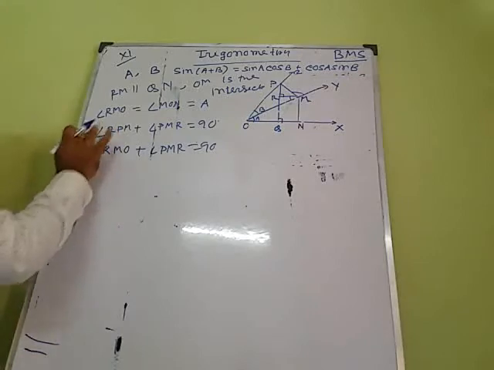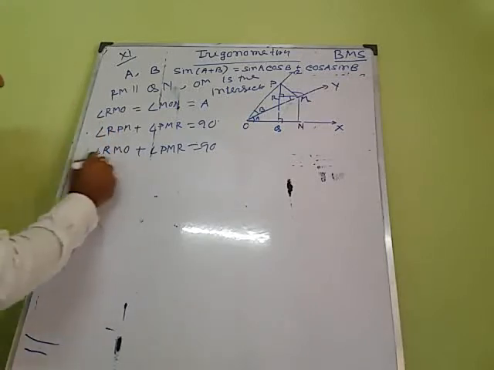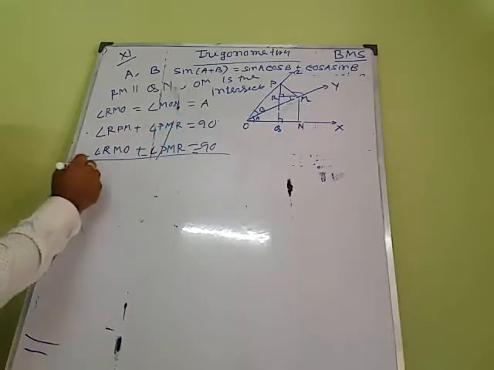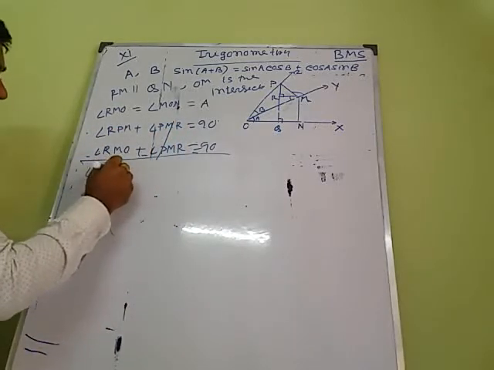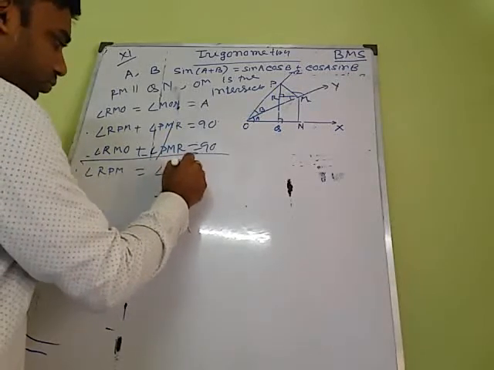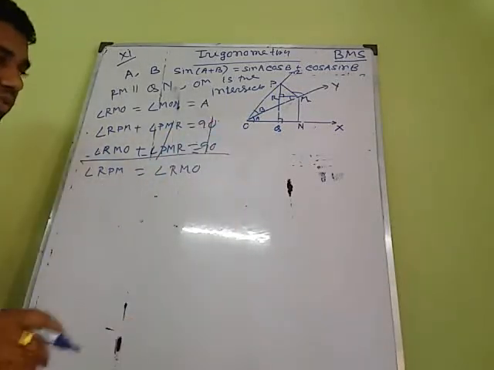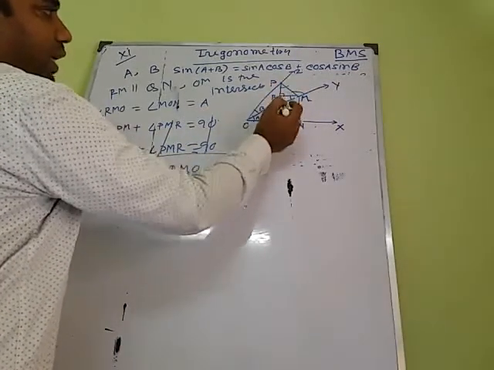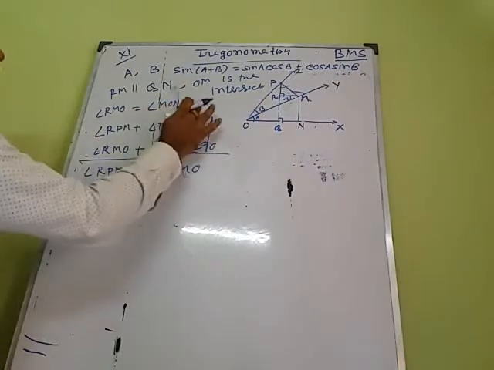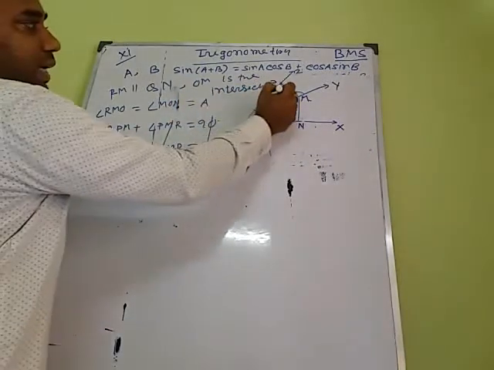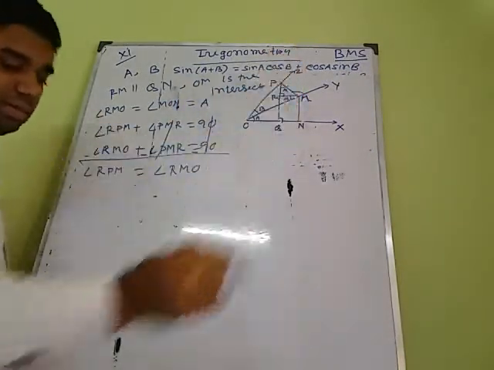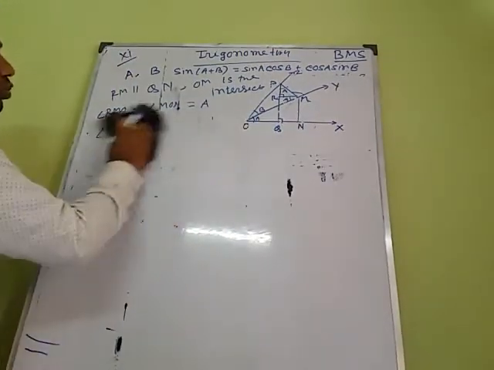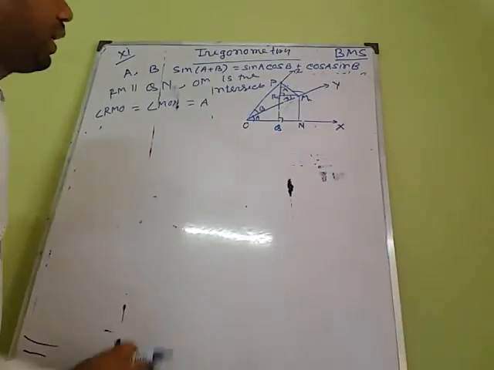Now from these two relations, if you subtract, this should remove PMR, so RPM equals RMO. This angle RPM equals RMO. In the previous line I got RMO equal to A, so this angle RPM is also A. This is our foundation for proving these identities.